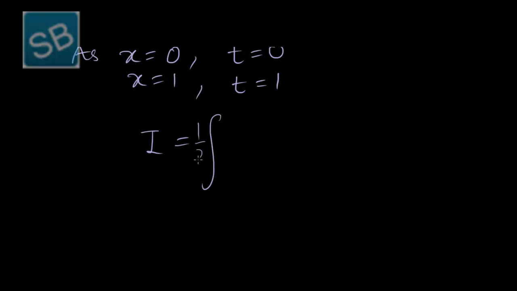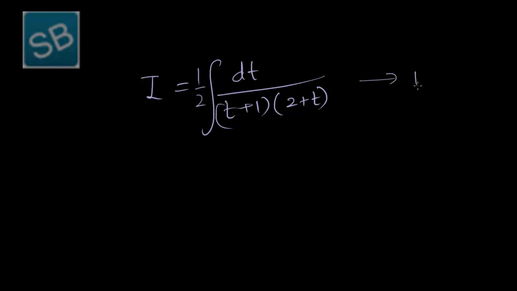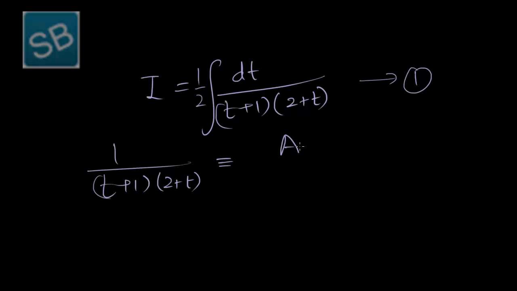Therefore, by method of substitution, I becomes half integral dt over (t plus 1)(2 plus t). So by method of substitution, we get this form. This was the one rule we use here. Now, if you see here we have to use method of partial fraction. So take it as 1 upon (t plus 1) into (2 plus t) is equivalent to a over t plus 1 plus b over 2 plus t.